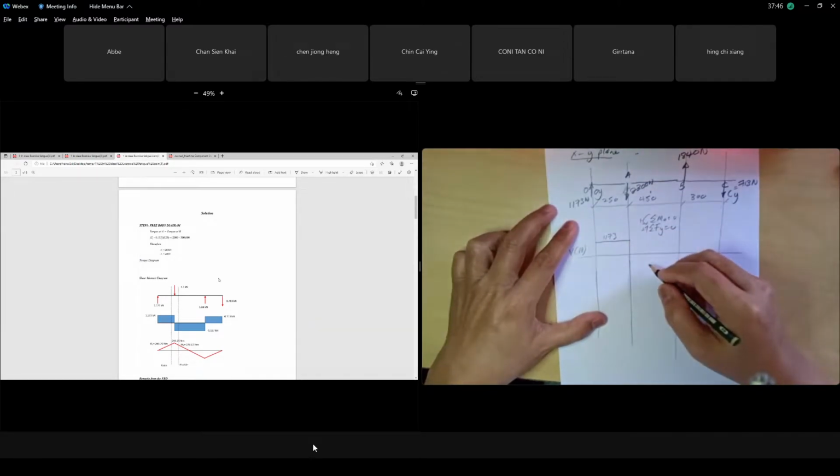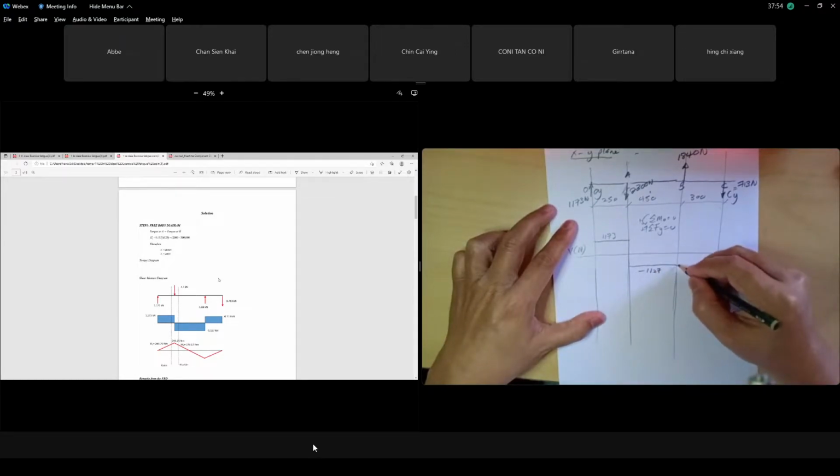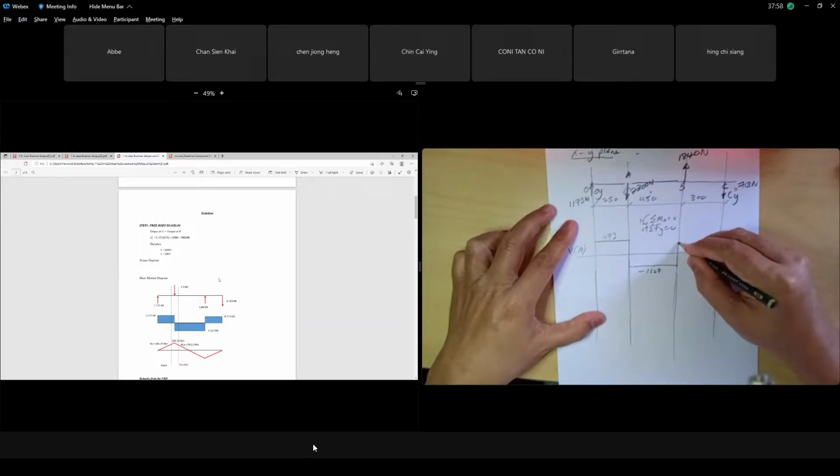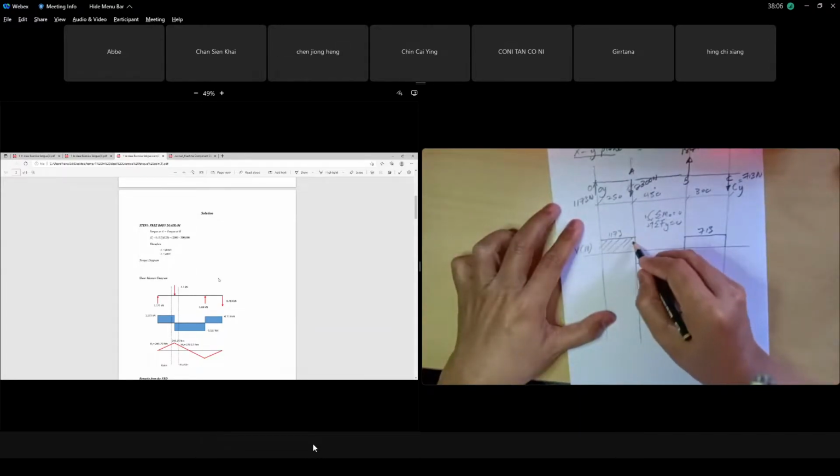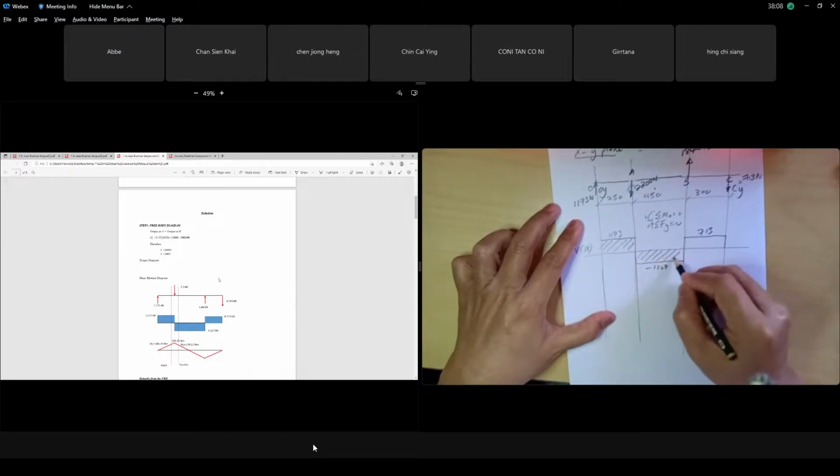So you got the balance here is negative 1127 Newton. Then raise up 1840, it goes up until here you got the balance is 713. Must be balance guys, 713, then we get 713 down. So this is our shear diagram.